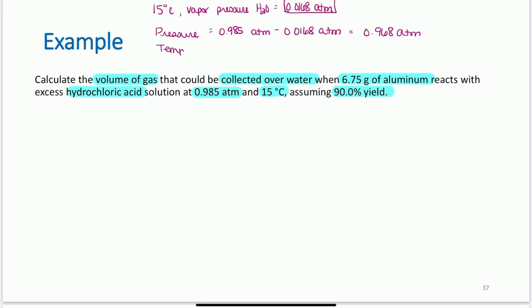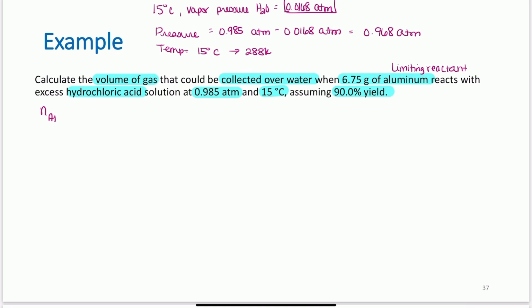Temperature, 15 degrees C, convert that to Kelvin, I get 288 K. I also see that I have aluminum reacting with excess HCl. That means that aluminum is my limiting reactant. I need to find the number of moles of aluminum.